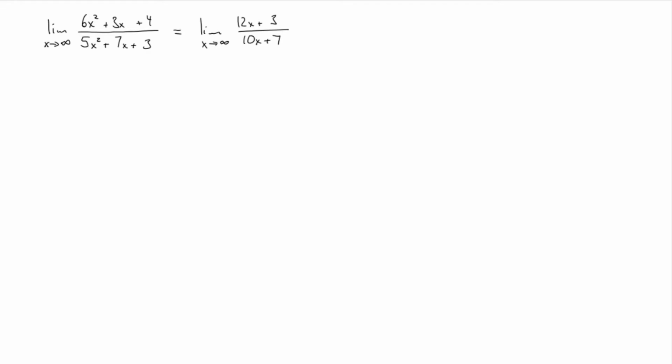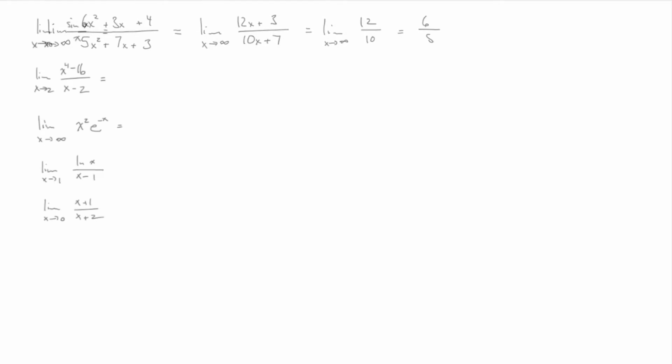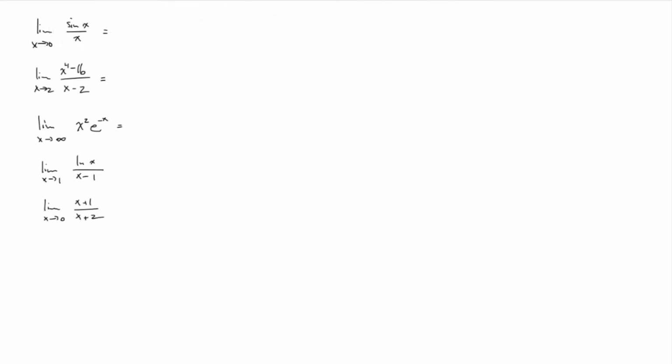And so we can use L'Hopital's rule to take this limit as well. And by L'Hopital's rule, this limit is the limit as x approaches infinity of the derivative of the numerator divided by the derivative of the denominator. And since the derivative of the numerator is 12 and the derivative of the denominator is 10, this just gives us 6/5.